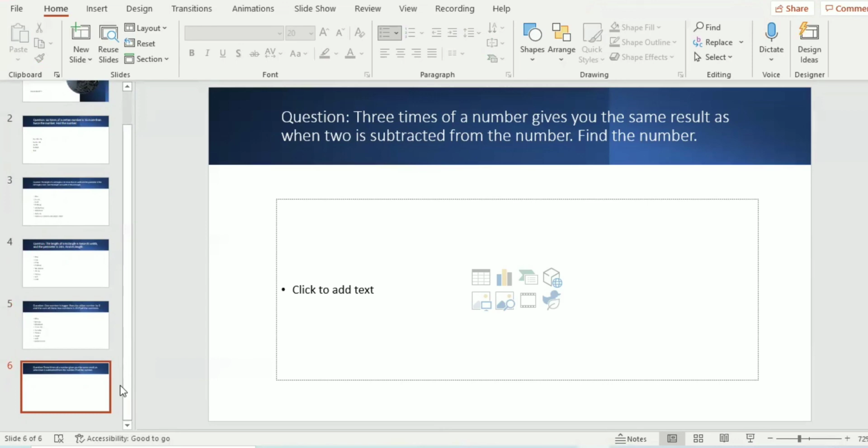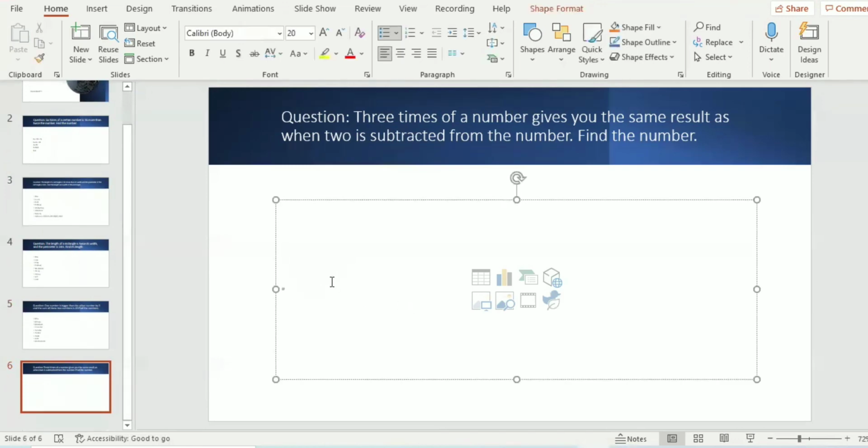Now we have a next question, which is 3 times a number gives you the same result as when 2 is subtracted from the number. And we have to find the number. 3 times a number means 3 is multiplying with the number.